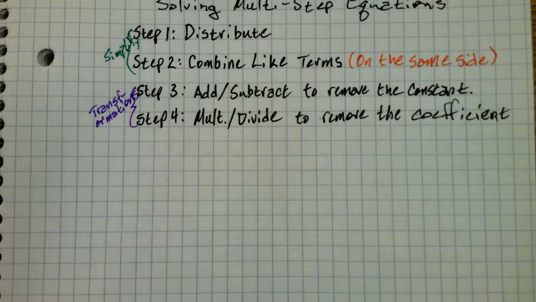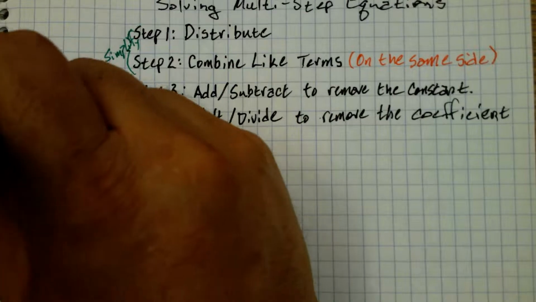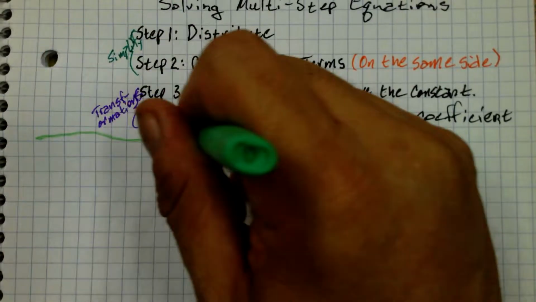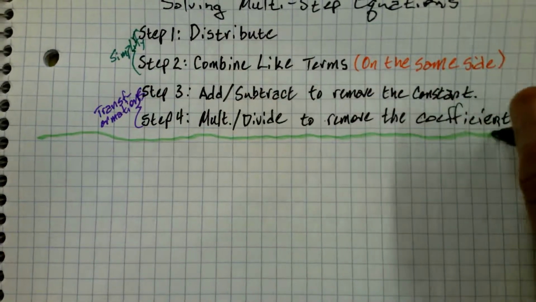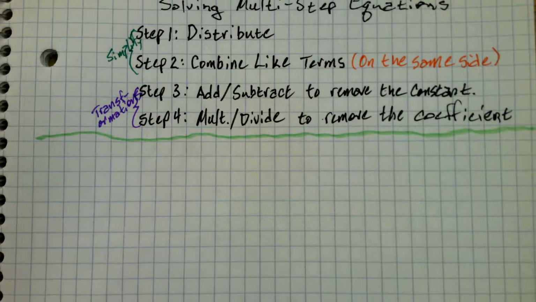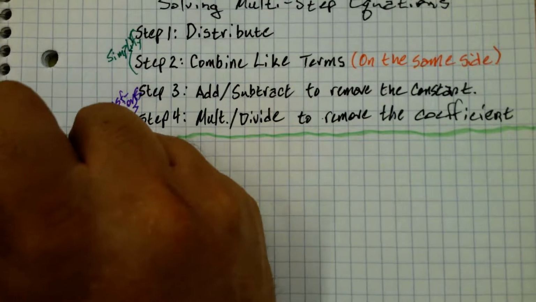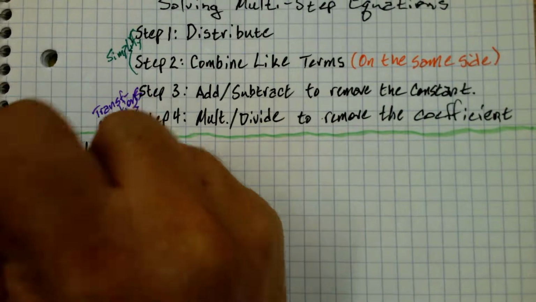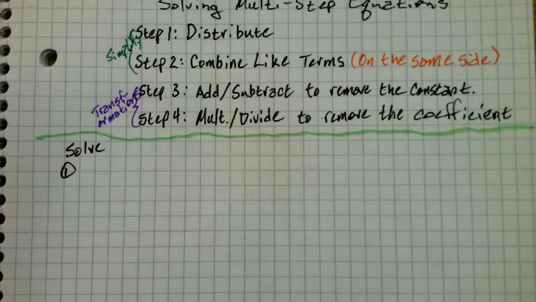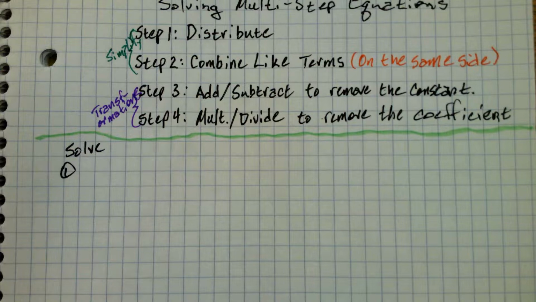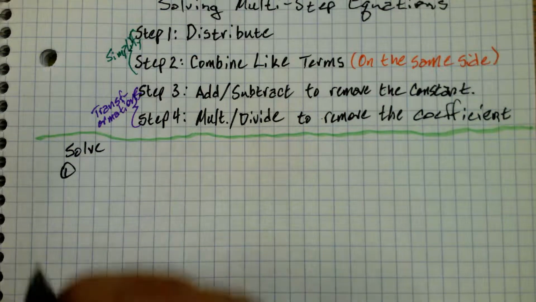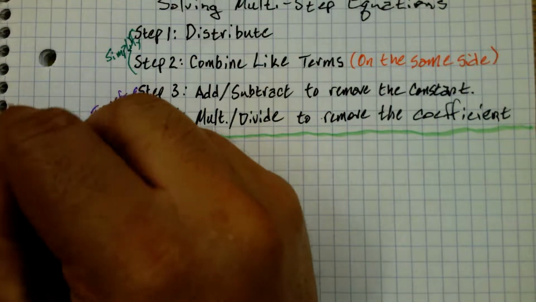So I think at this point, we can start solving. So let's start with an example. Let's say we have three terms.